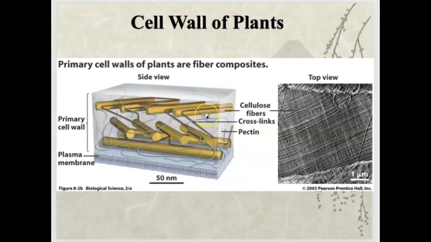So we have a lot of those sclerenchyma fiber tissues embedded here in the cell wall to give it rigid structural support. So if you're a herbaceous plant and you die off every year, not nearly as much cellulose embedded into your cell wall.